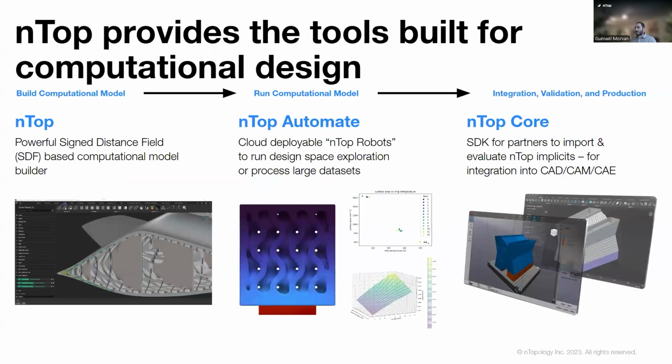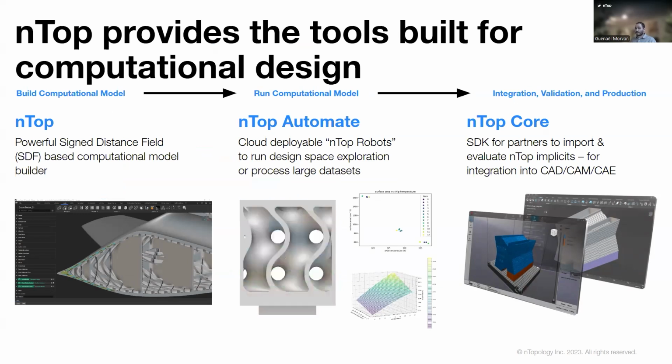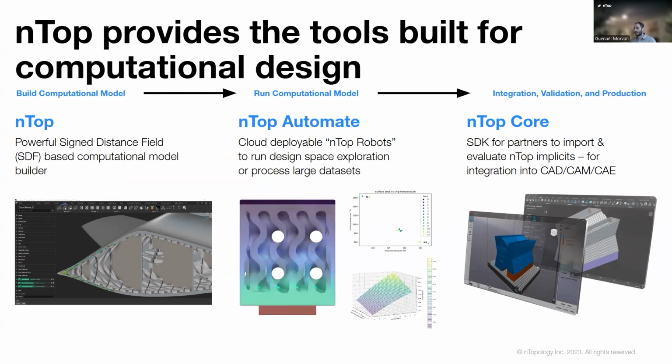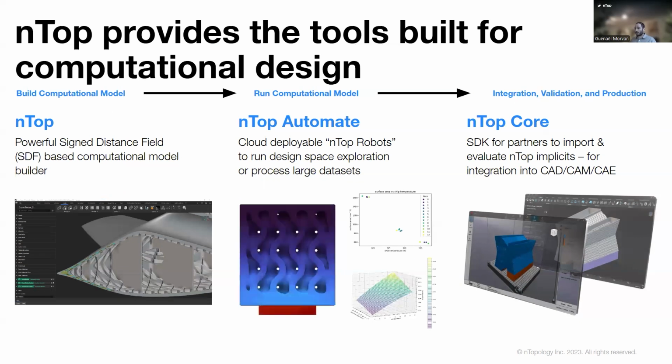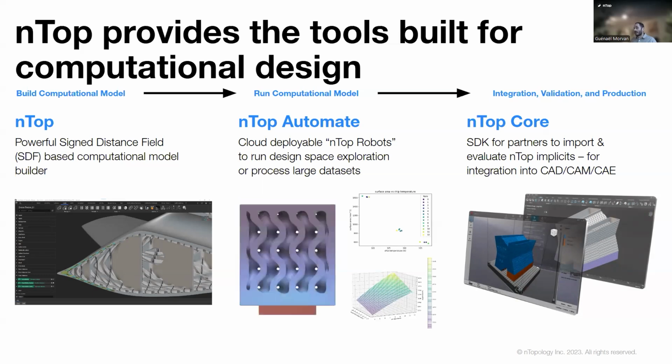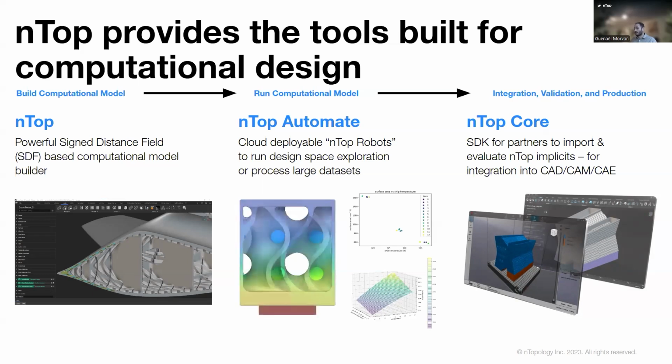nTop is really the tool that is built for computational design. That means nTop uses first the implicit modeling kernel, and that gives you the power to create complex geometry, but also to parameterize everything. To be able to run this computational design, we have different ways, but the most efficient is nTop Automate, which runs without the GUI and enables you to run all the iterations at once.